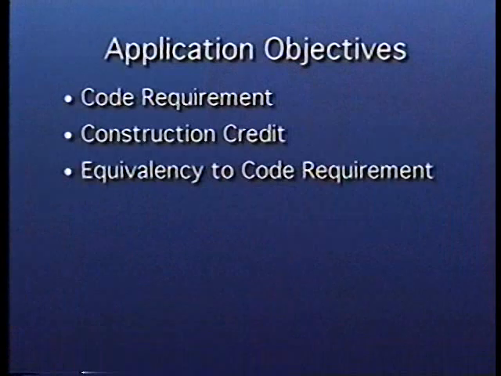The issue here is that the sprinkler system may not be required unless the owner is seeking the construction credits specifically allowed by the code. A sprinkler system might also be provided as part of establishing an equivalency or an alternative to a specific code requirement.